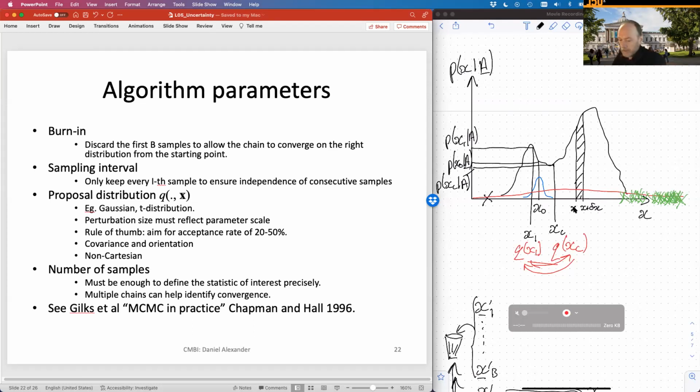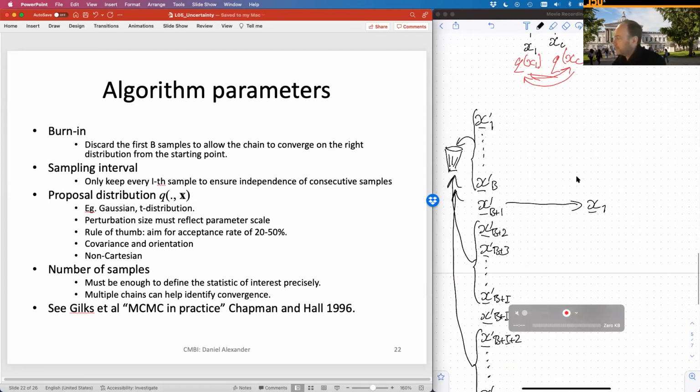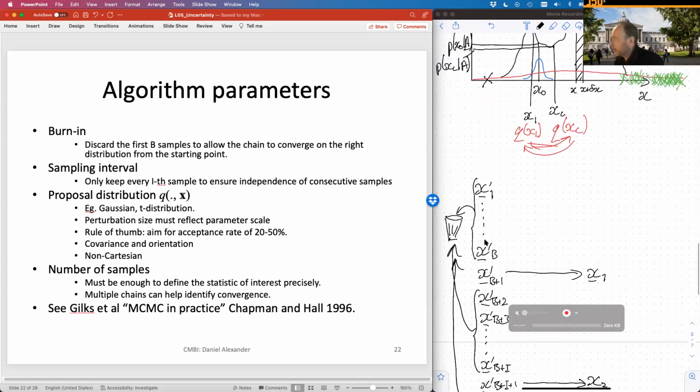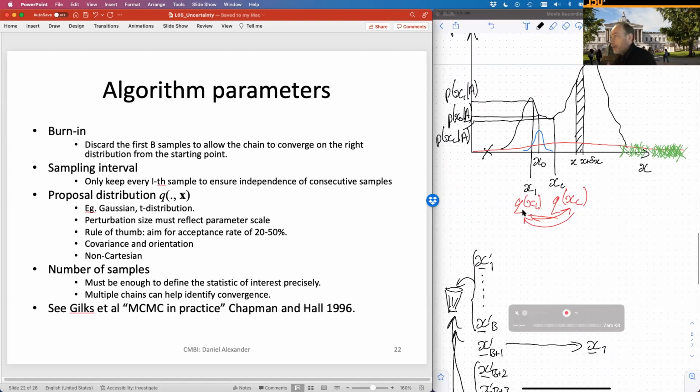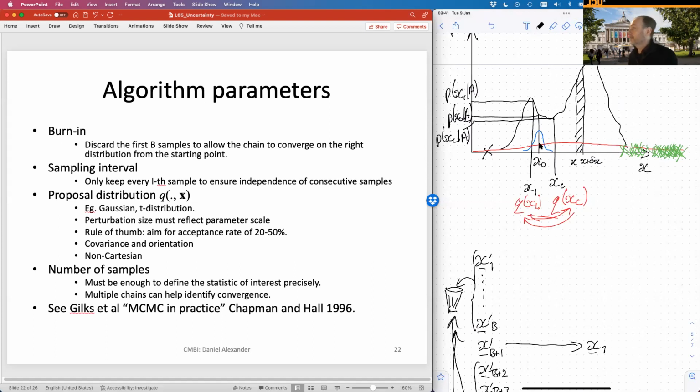Whereas by discarding this set of intermediate samples, we can have a series of samples which are independently drawn from the distribution as a whole, and would be more weighted towards big modes like this one here, rather than being influenced by current positions. So it does depend on the proposal distribution a little bit, but actually this can be extremely important in practice.